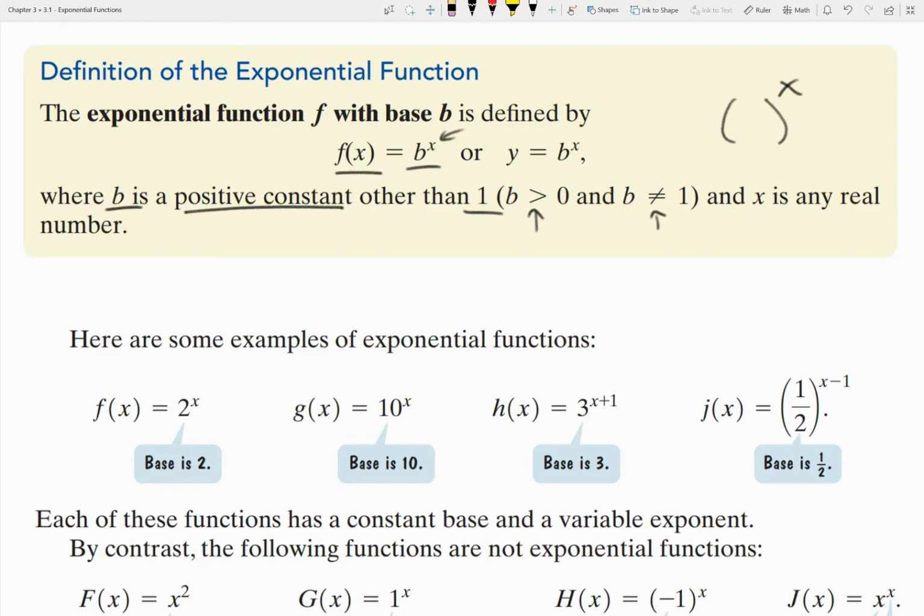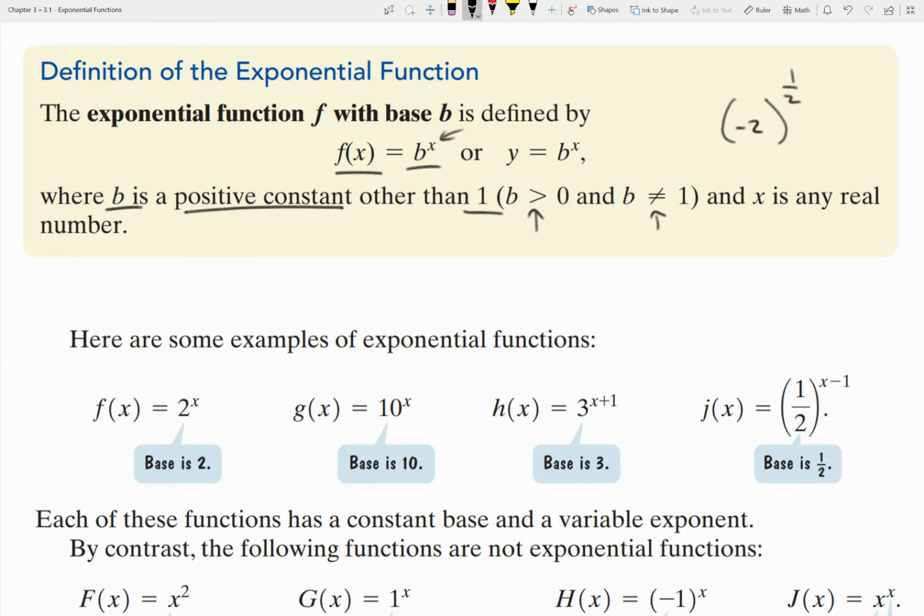The reason why this has to be a positive constant is because, if I raise a negative to a second power, I just get a positive number. That's no problem. A negative exponent is no problem, because that just turns into a fraction.